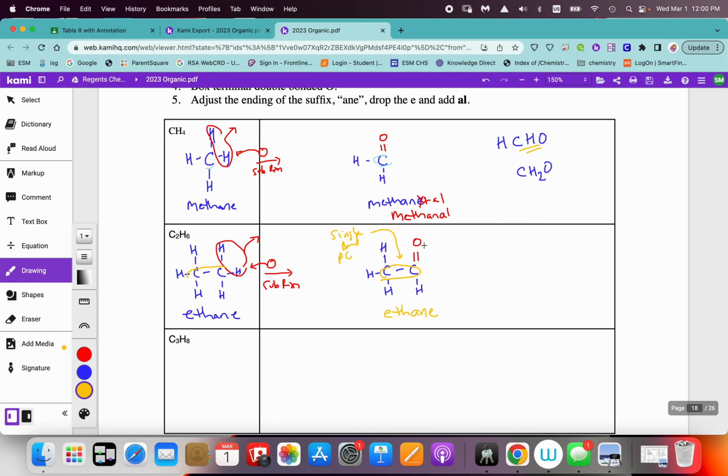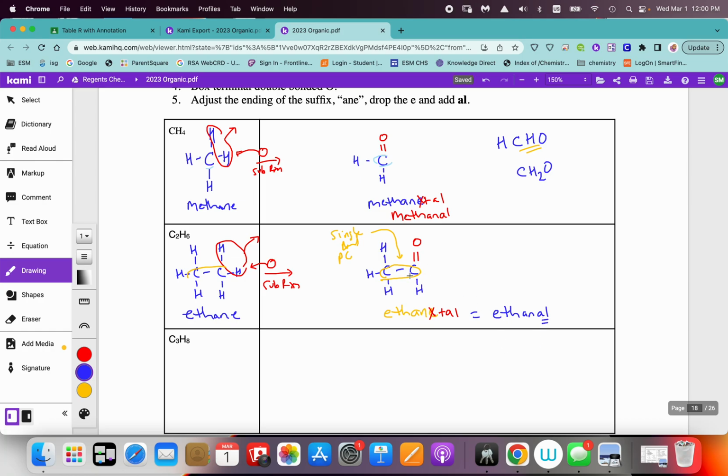But because we have this double bonded oxygen on a terminal carbon, an ending carbon, we have to adjust the name. So we cross off the E and we replace it with AL. So the final name here would be ethanal. Ending in al means it's an aldehyde.